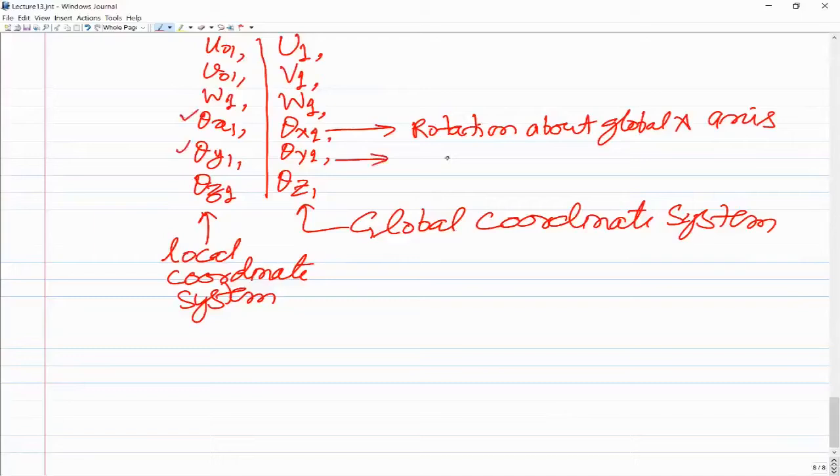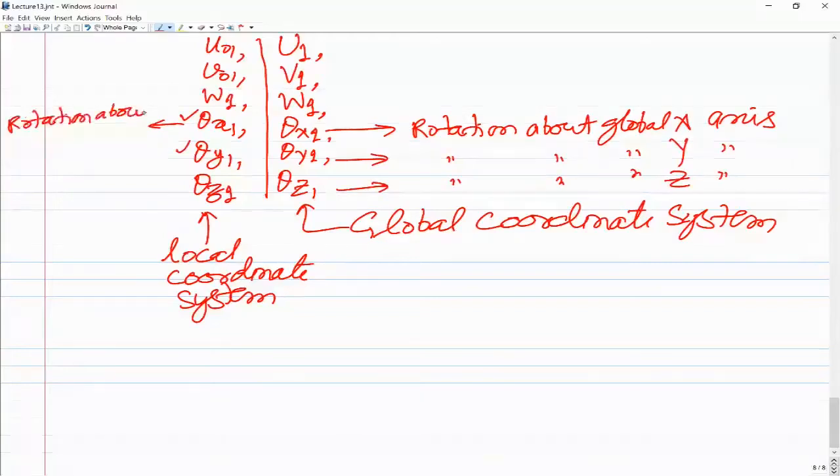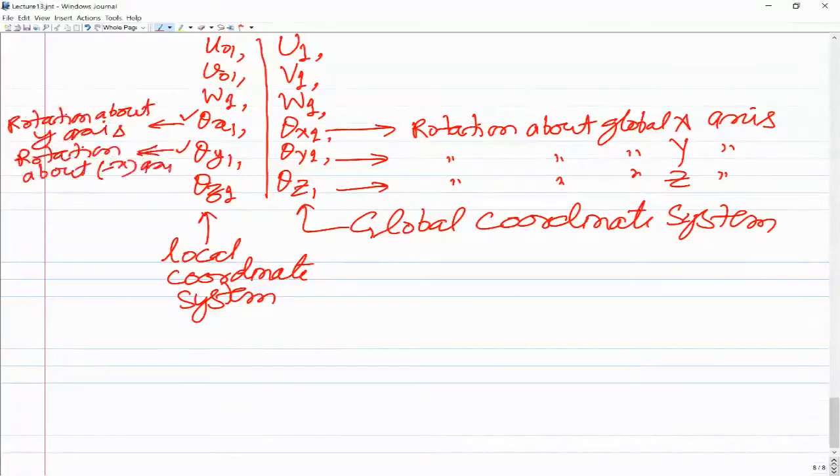Similarly, theta Y1 is the rotation about global y-axis, and this is the rotation about global z-axis. And theta x in the local coordinate system, as you remember, is the rotation about small y-axis, and this is the rotation about negative x-axis.